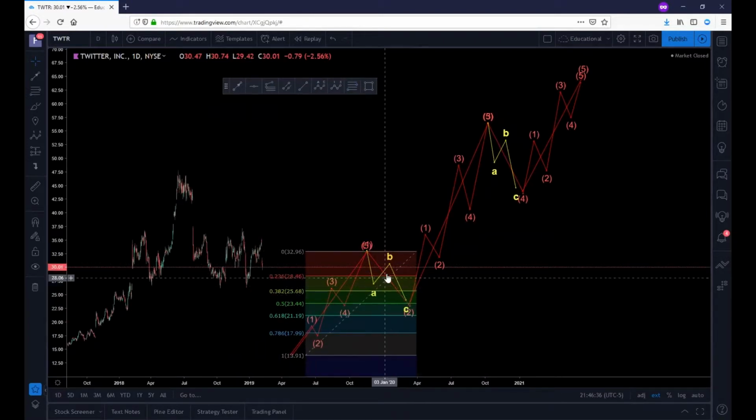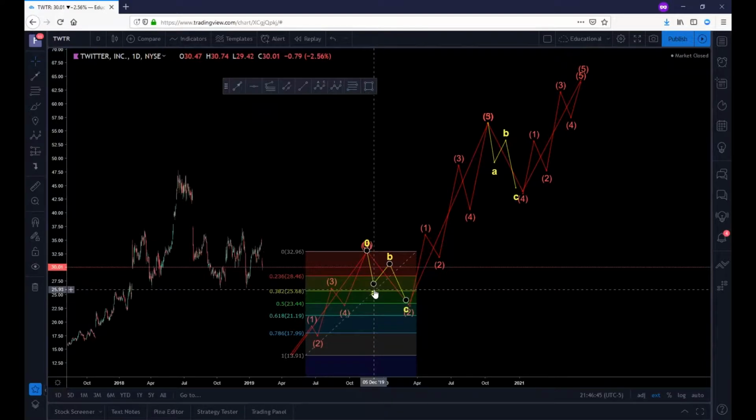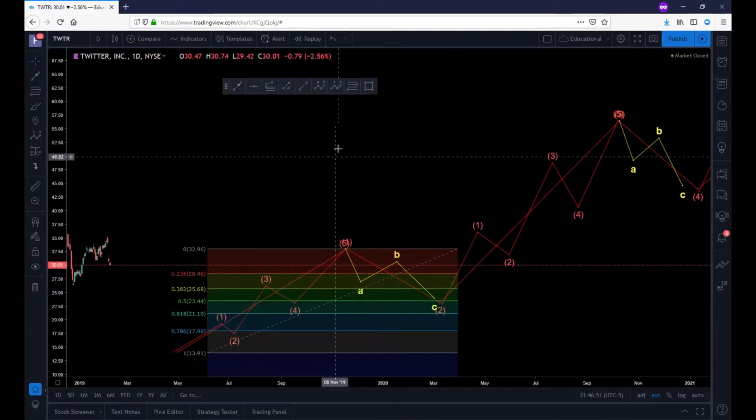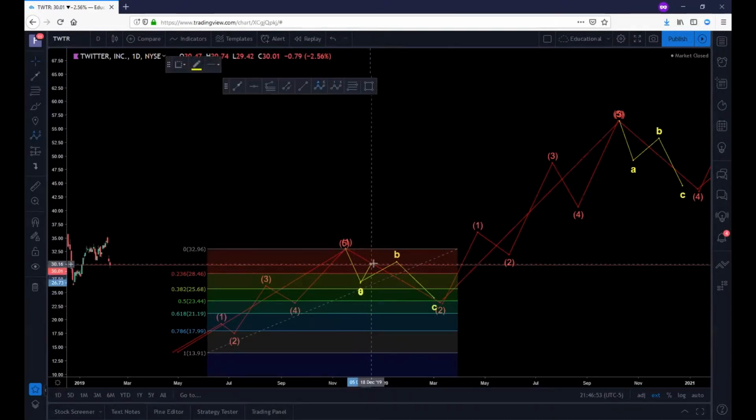And within these waves, for wave 2, you have the corrective A, which is the impulsive of the corrective, then a wave B, and a wave C. And if we were to dive deeper into a wave B, you can find these to be a 3-wave pattern.